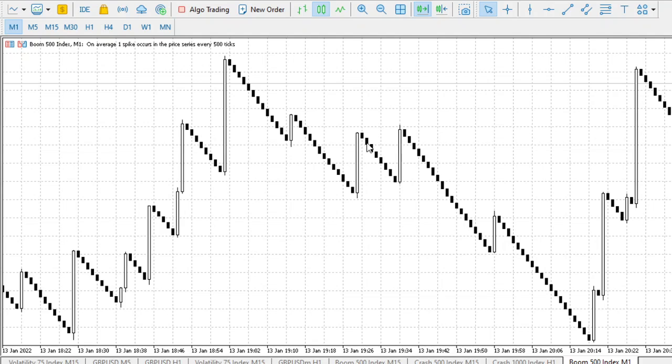Please note that crash 500, and all the crashes, spike to the downside, and a spike on boom 500, for example, will be going to the upside. So we have derived a formula: we buy boom and we sell crash, so that we are in the direction of the spikes.